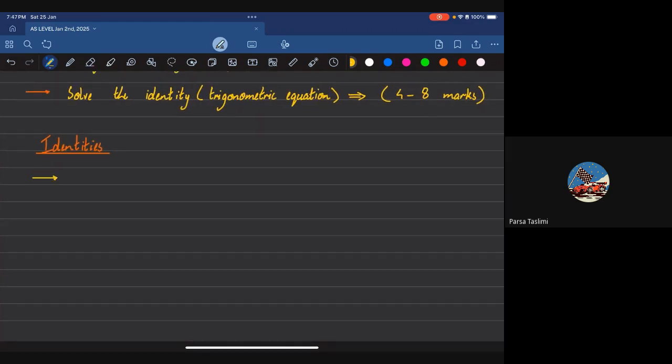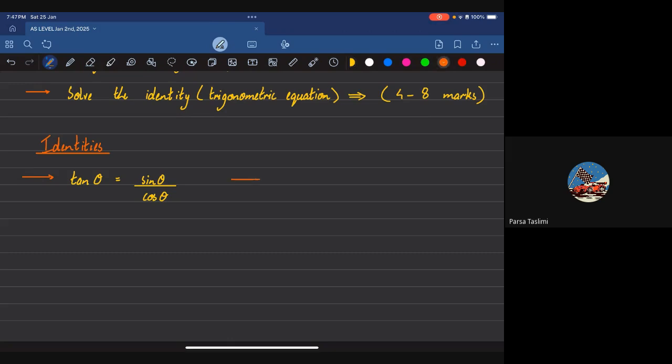A few you may even know from your IGCSEs as well. First off, the easiest one that I think is this one, where tan theta is equal to sine theta over cos theta. That is the first one.